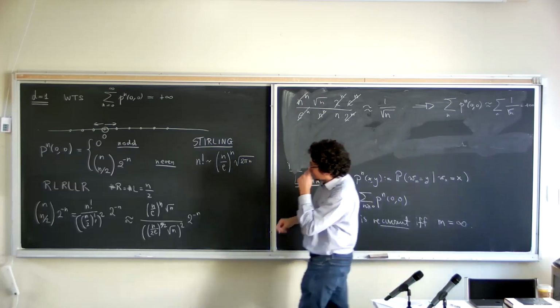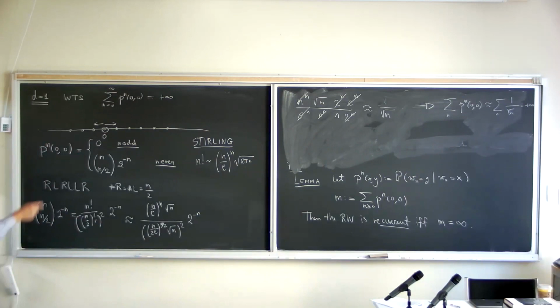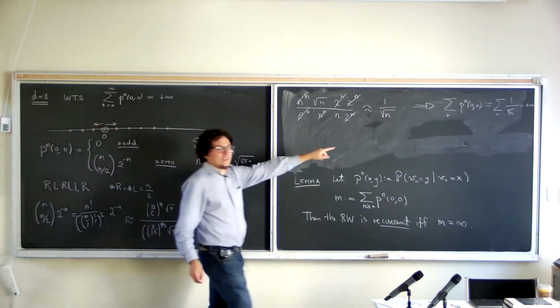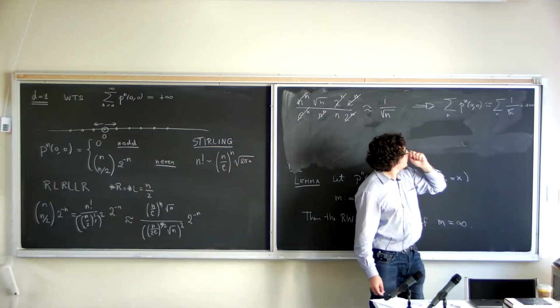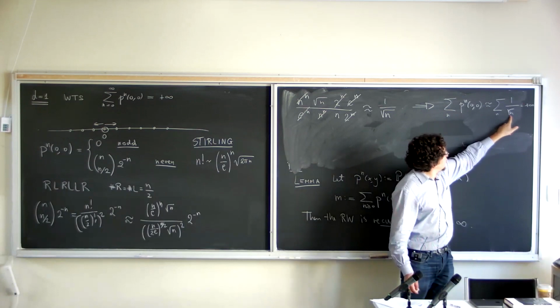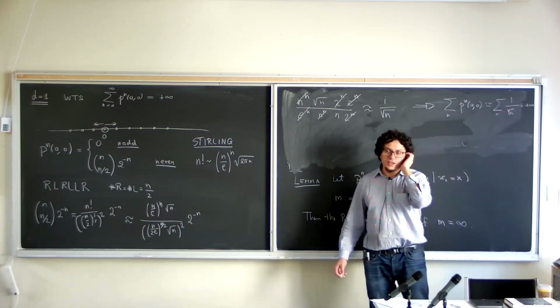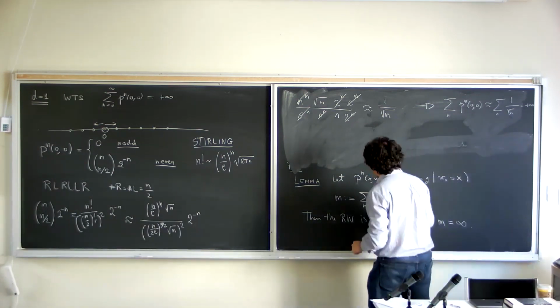So somehow the returns to 0 in the line are polynomial, some power of n, but this power is small enough so that if you do 1 over it, it's big enough that it diverges. Okay, so that's a sort of standard exercise.